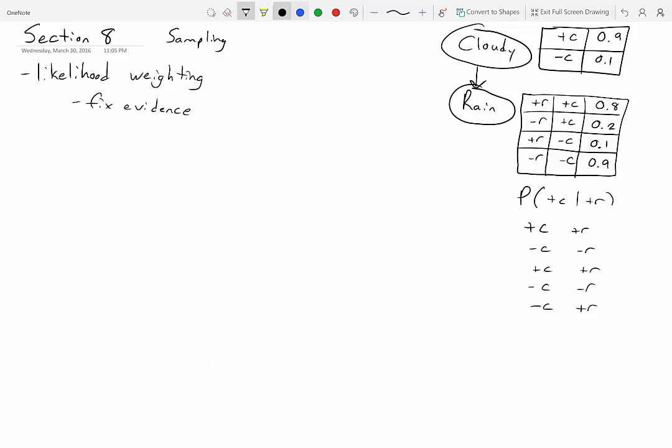And then once the evidence is fixed, you need to account for this, and I'll go into this in more detail. Then next, what you do is you weight each sample by the probability of the evidence given the parents.